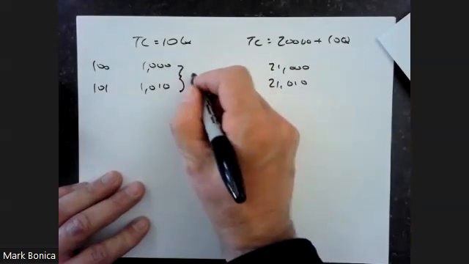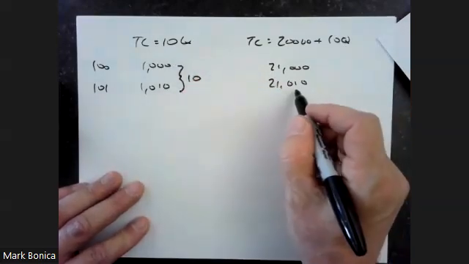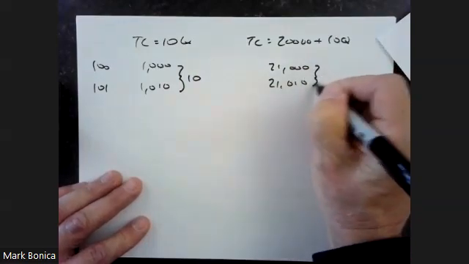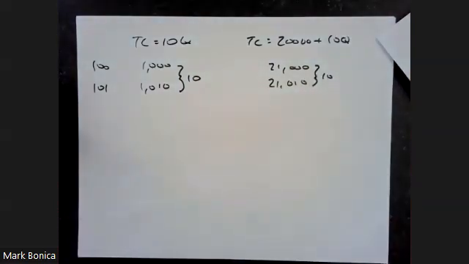1,010 minus 1,000, 10. 21,010 minus 21,000, 10. So even though maybe your gut intuition is like, no, it can't possibly be the same marginal cost, remember what we're actually talking about is the change of 1 more, not the overall total cost, but how much additional cost.